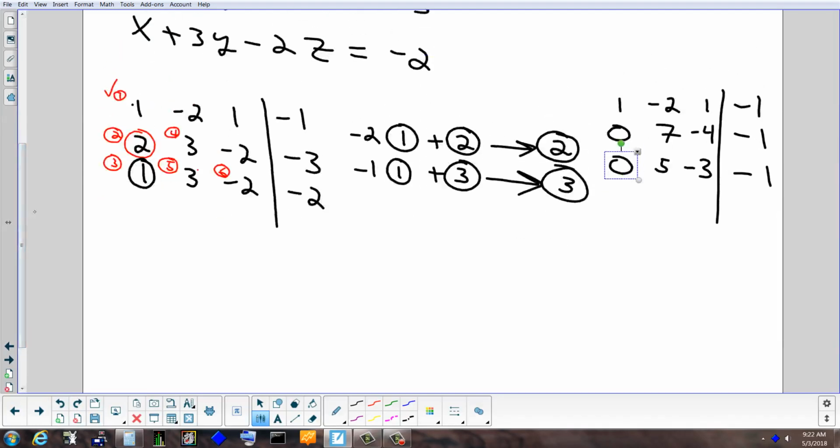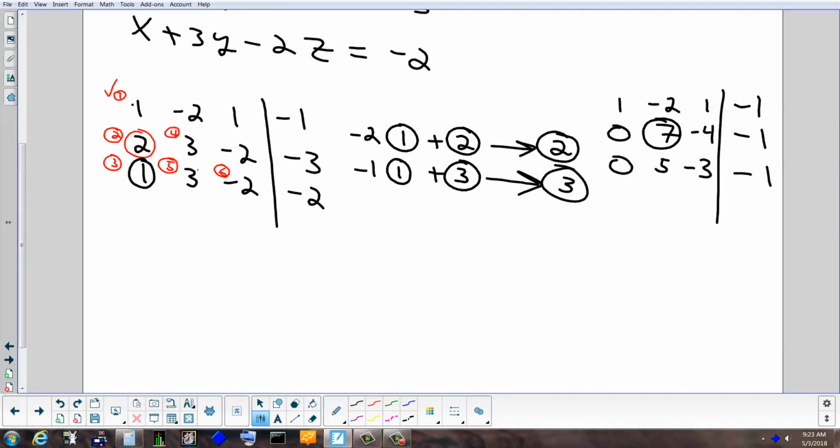So we want to get a 1 right there. There's a couple ways we can do it. We could multiply everything by 1/7. Okay, so that's going to lead to a little bit of messy fractions. Another thing you could do, and it wouldn't make it a 1, but it would make it closer, is if you multiply row 3 by negative 1 and add it to row 2, what would it make the thing that I circled?